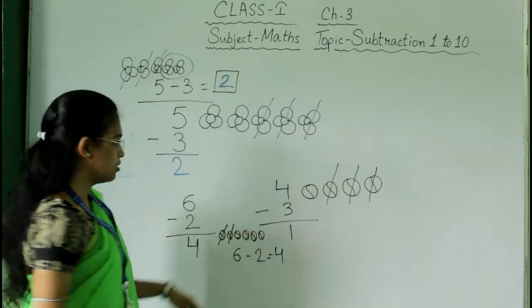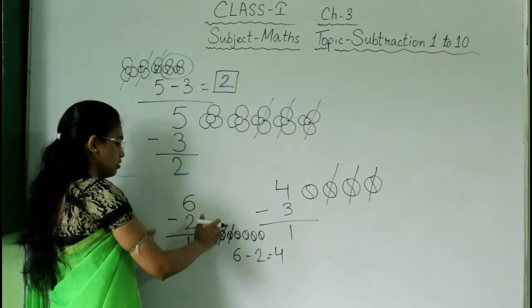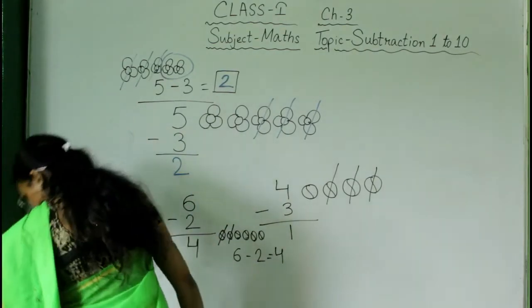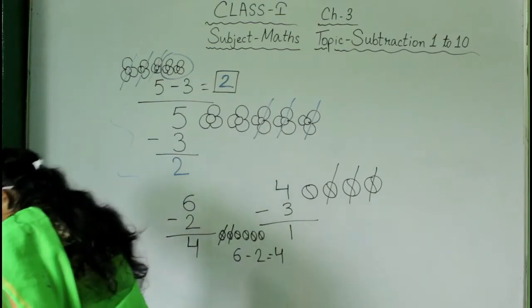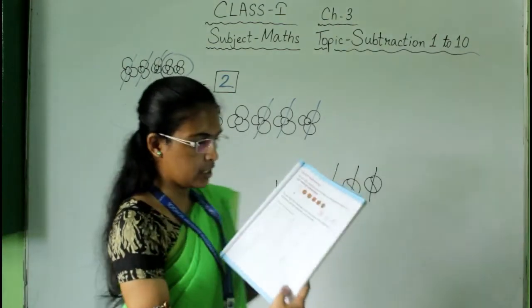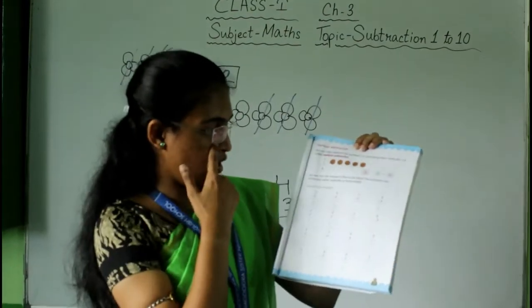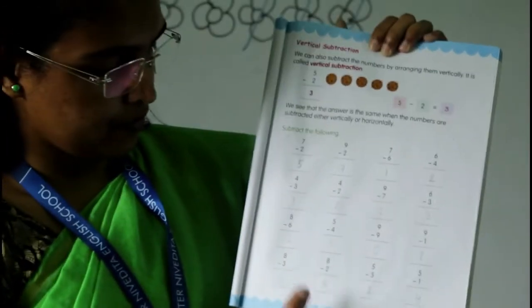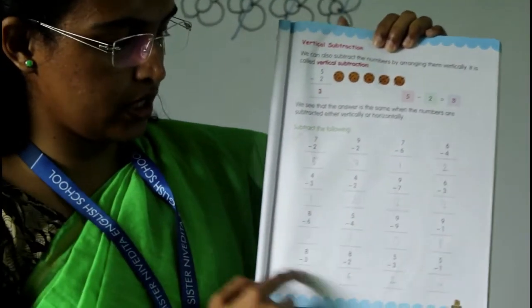Both are the same. So that means we can do it in this way also. Now look here. This is your homework. Subtract the following. Okay? Do all these sums at home.